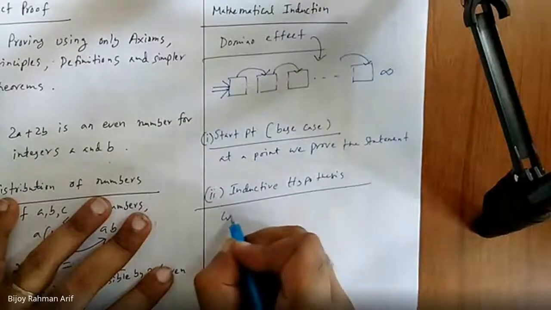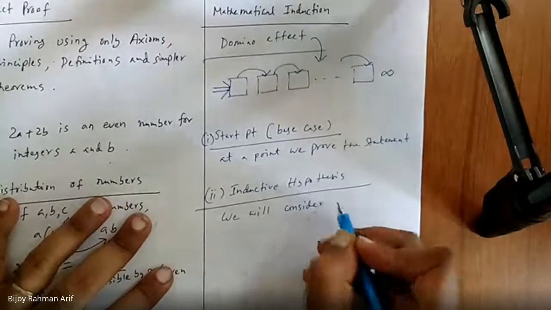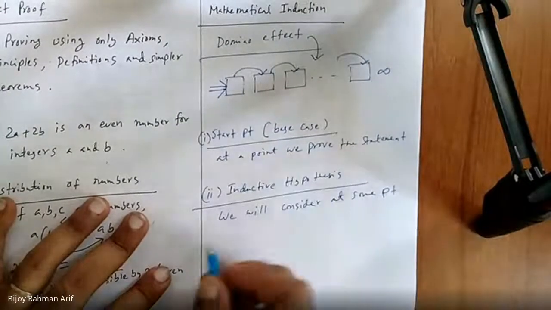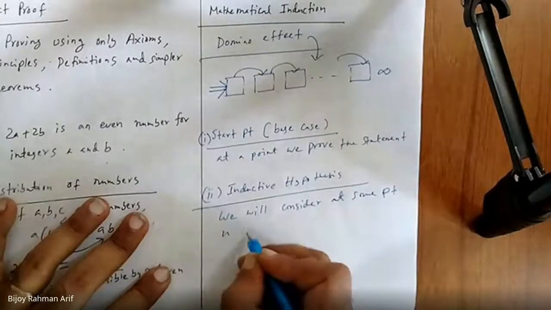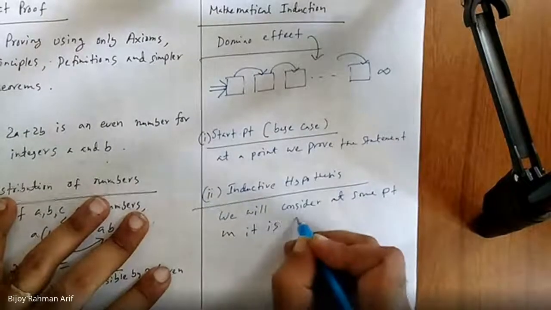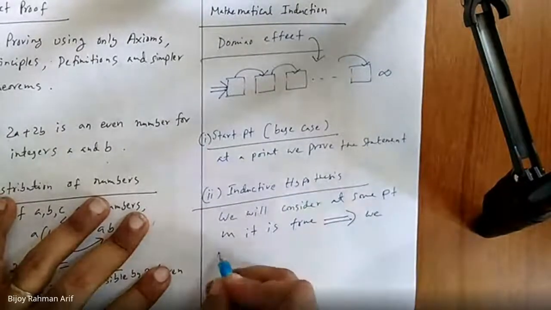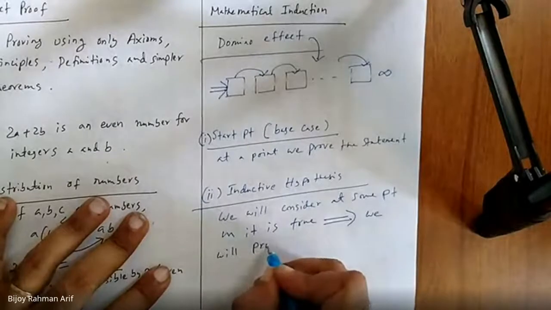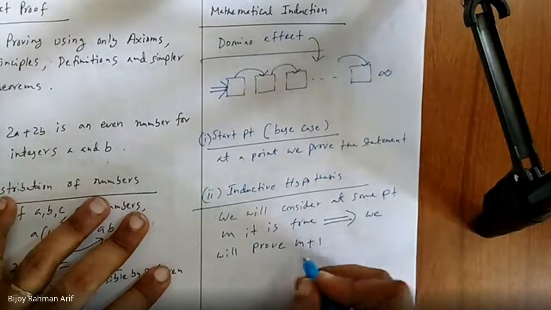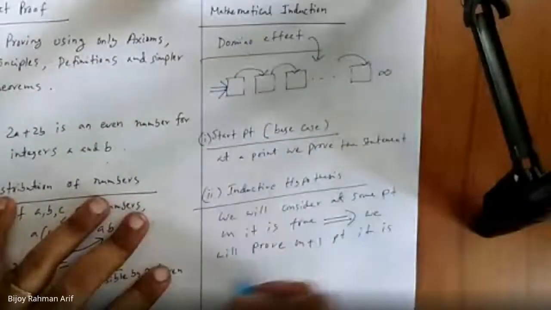We will consider at some point m it is true, and based on this we will prove that at the m+1 point it is true.